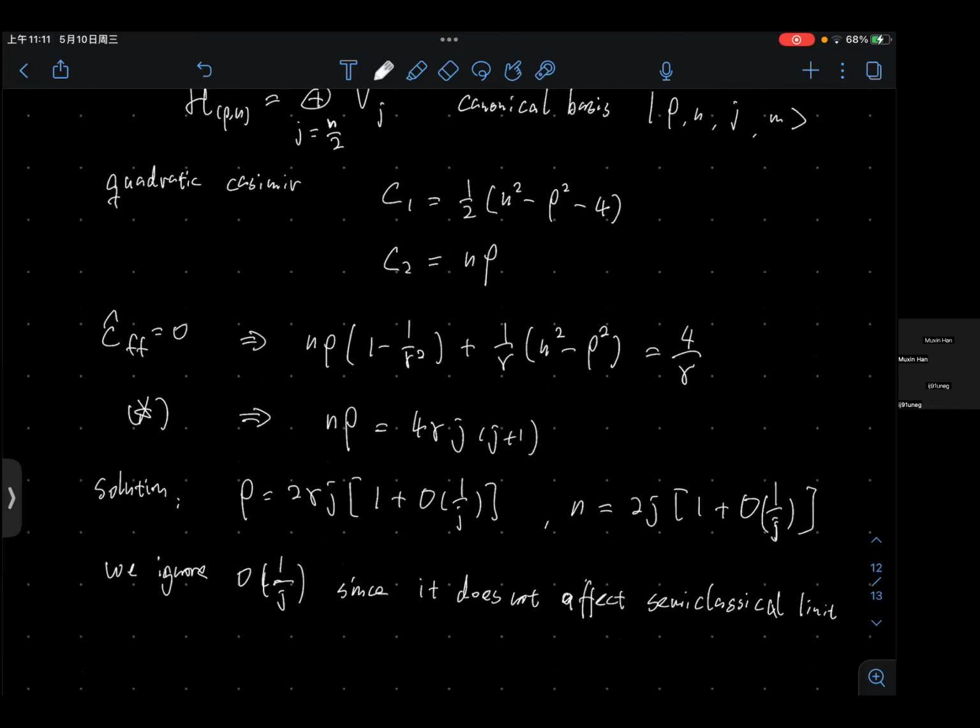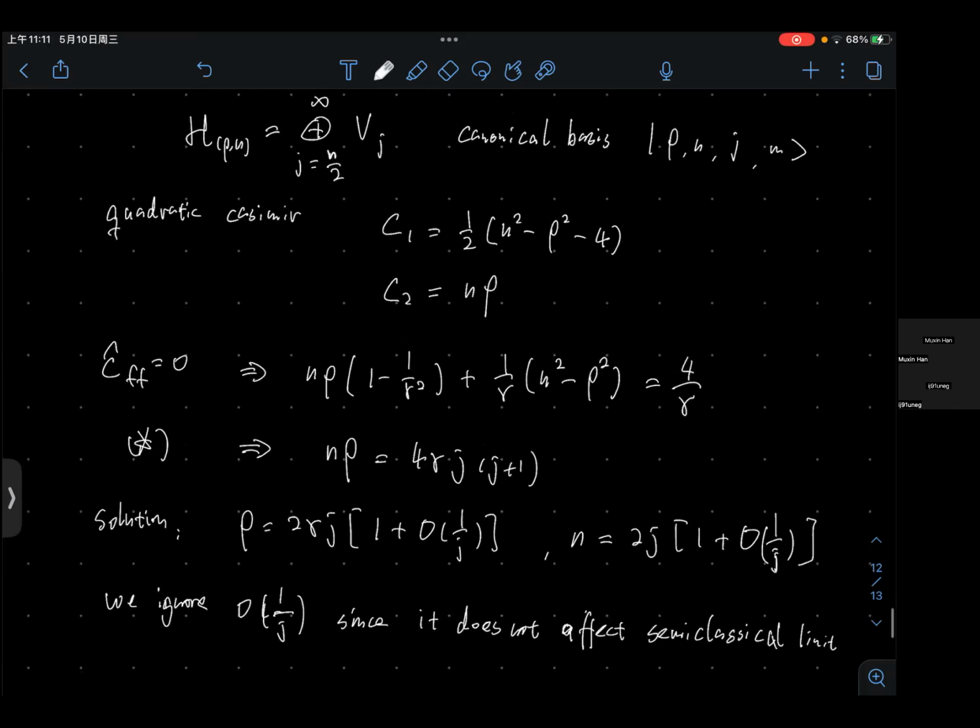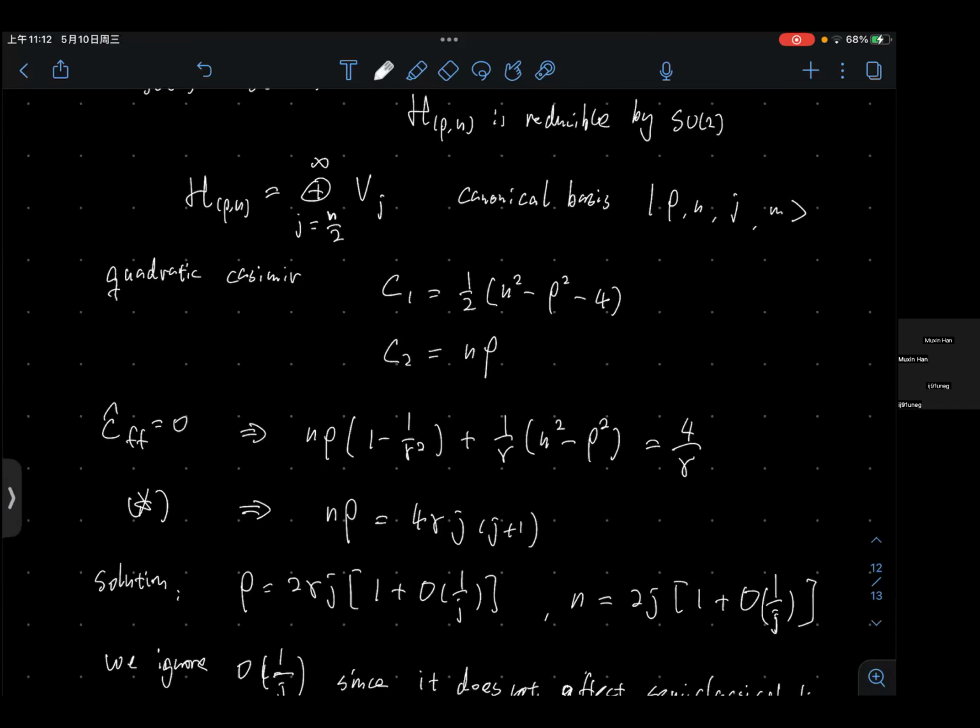No. You see, this is something I'm going to explain right away. So you see, n equals 2 times j. It can only be satisfied by the lowest level in this tower, right? So it starts from j equals n/2. Okay. So which means that the second equation... level or a few levels above, yeah, and you will get some corrections to this solution.